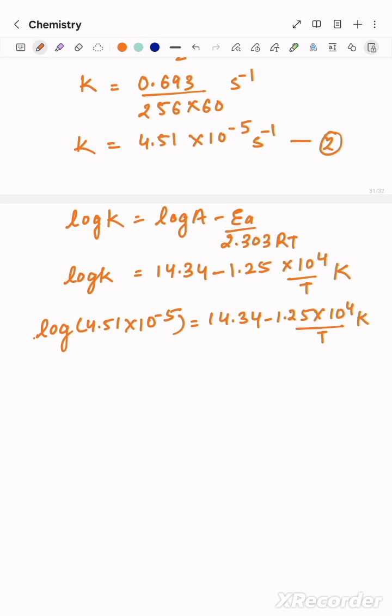Now we calculate this: log 4.51 minus 5 log 10.